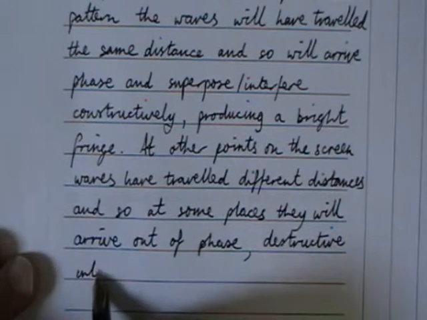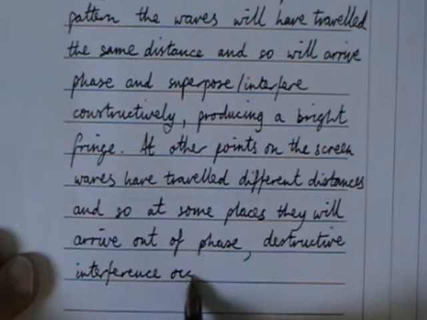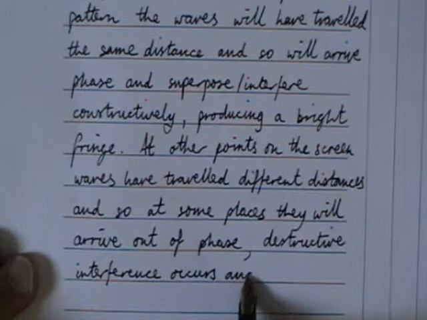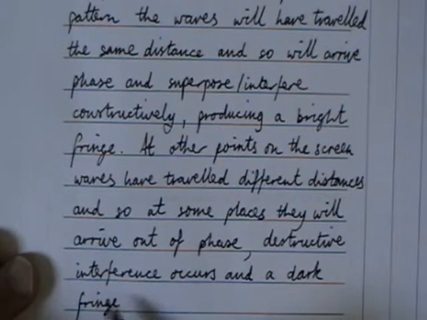So destructive interference occurs, and a dark fringe forms.